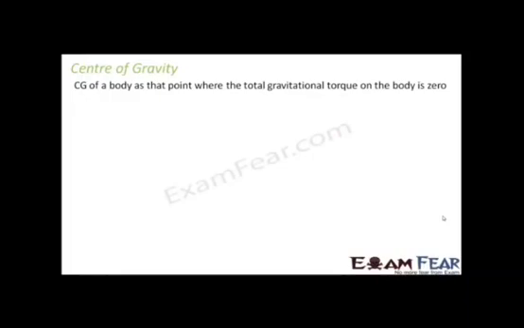There is a gravitational pull always being exerted on that object, because of which the object tends to fall to the ground. When you place your finger exactly at that point where the net gravitational torque is 0, then we would say that the object is in equilibrium. So the center of gravity is that point where the total gravitational torque on the body is 0.